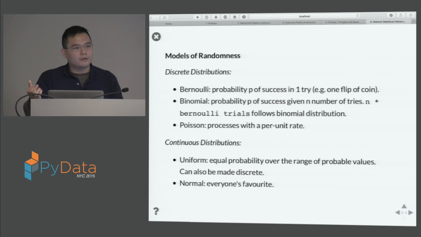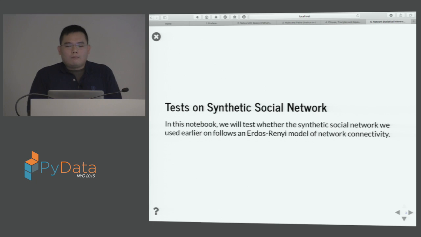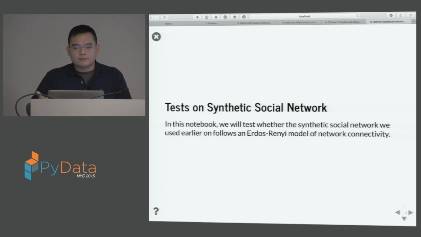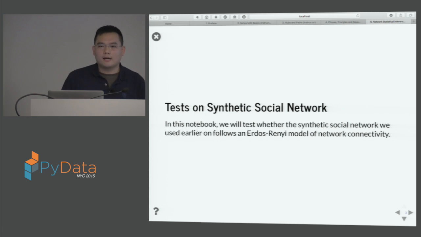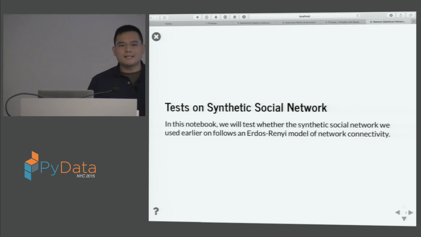The only one that we're going to use today is the binomial distribution, which is what this synthetic social network was based on. So what we're going to do is test whether this synthetic social network came from a particular parameterized distribution of ER networks, Erdos-Renyi networks. All right? So just to give you an idea, the ER network basically works like this.